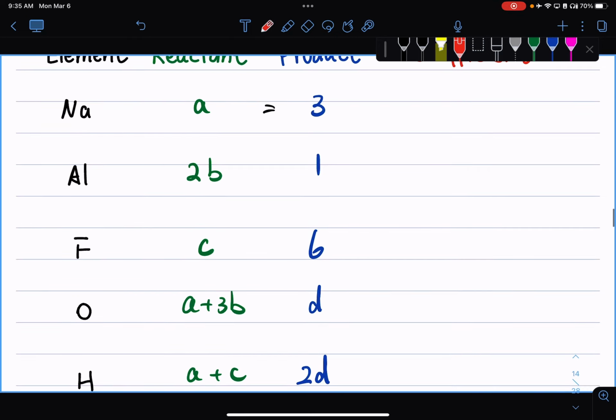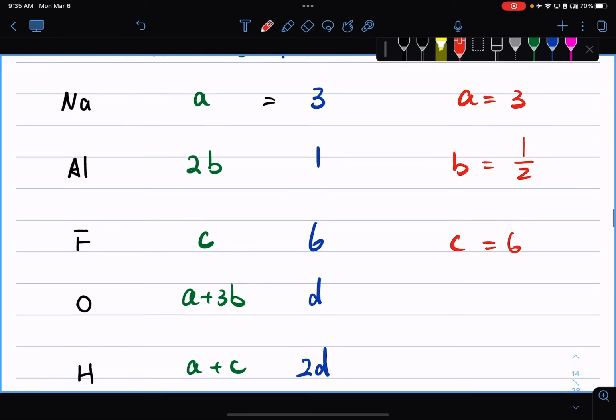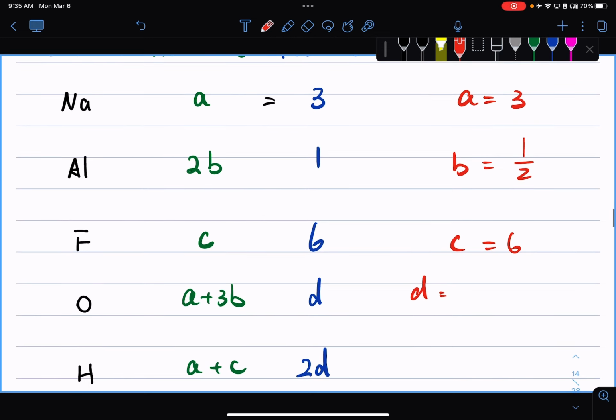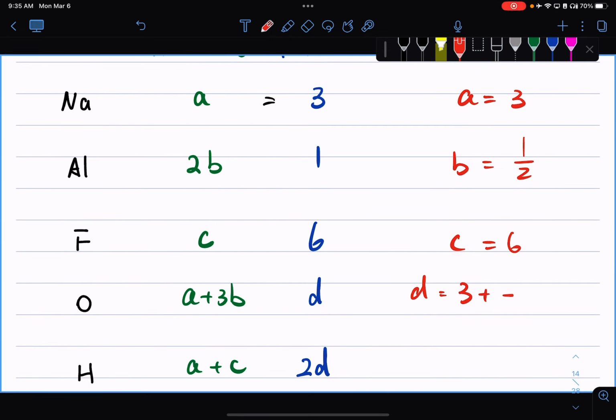And looking at it, some of them are intuitive. We have A equals 3, B equals 1/2, C equals 6, D equals A plus 3B, so 3 plus 3/2 equals 9/2.